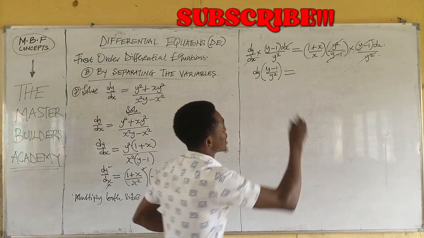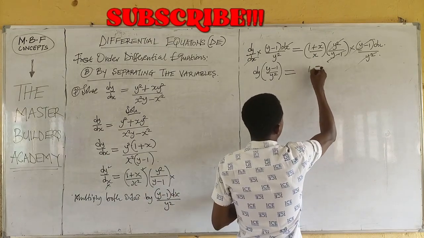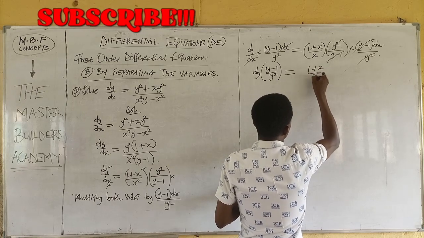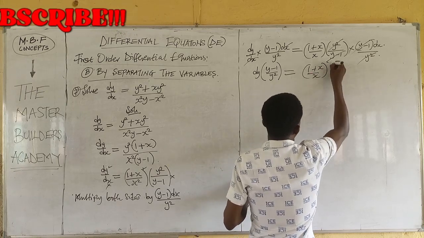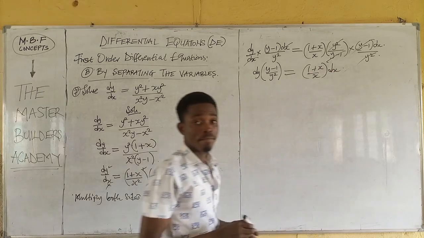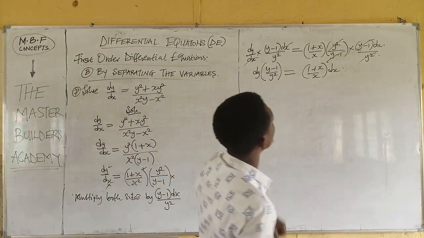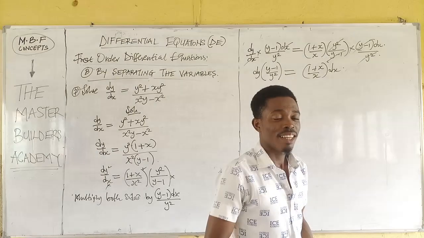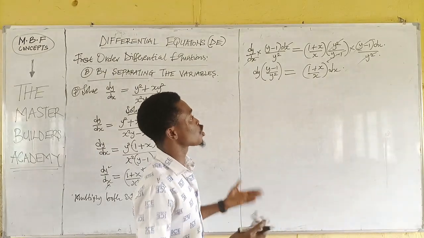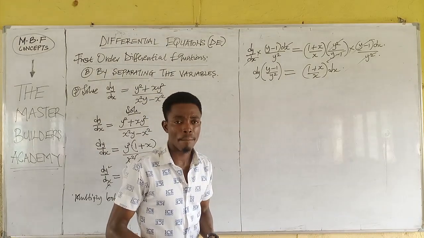So what do we have left? At the right hand side, we are going to have (1 plus x) over x all dx. It's as simple as this. Then very quickly, the next thing we are going to do is to introduce our integral. It's as simple as that.